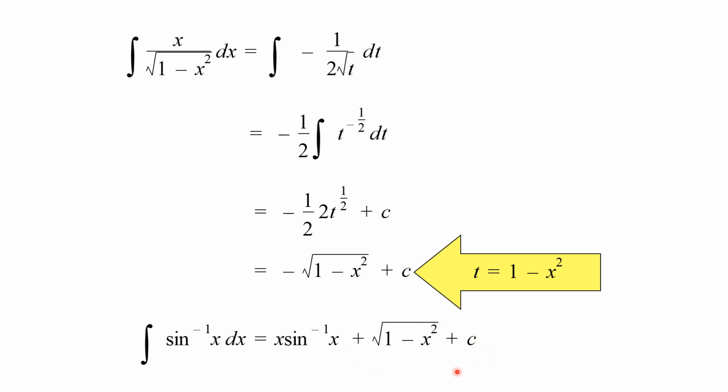So even though substitution is semester 2 knowledge, sometimes while doing integration by parts, you still need to apply integration by substitution to arrive at your final answer. So please recall how to do integration by substitution.